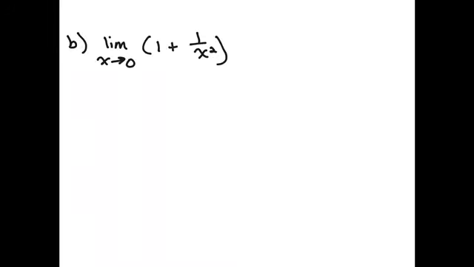Okay, if I do a direct substitution on this problem, the limit as x goes to 0 of 1 plus 1 over x squared, we get 1 plus 1 over 0. Now, we've already said that a number over 0 is going to go off to positive or negative infinity.